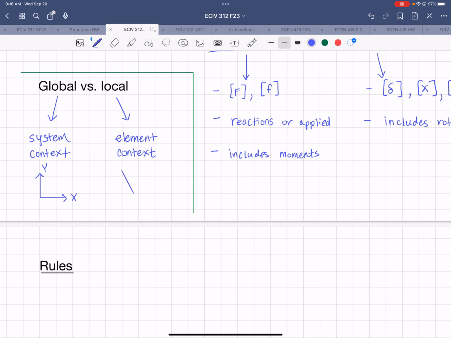And then the local axis would be whatever aligns with the orientation of the element. So usually that would be the x-axis aligns with the axial direction of the element, and then the y-axis would be the transverse for the local element.